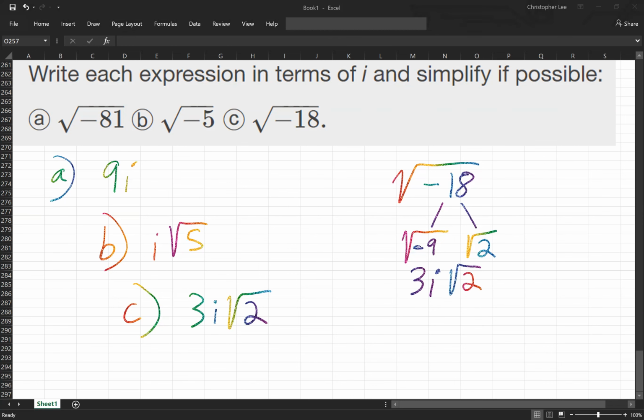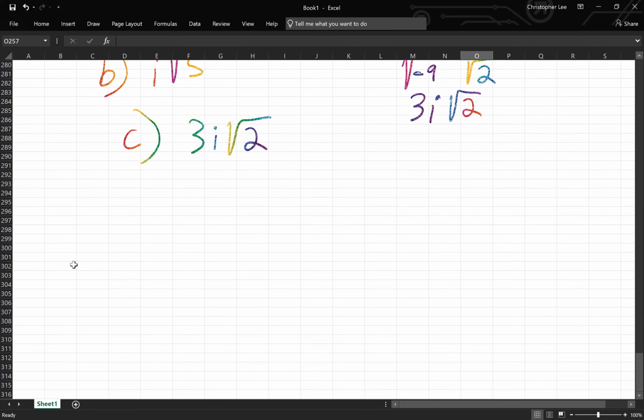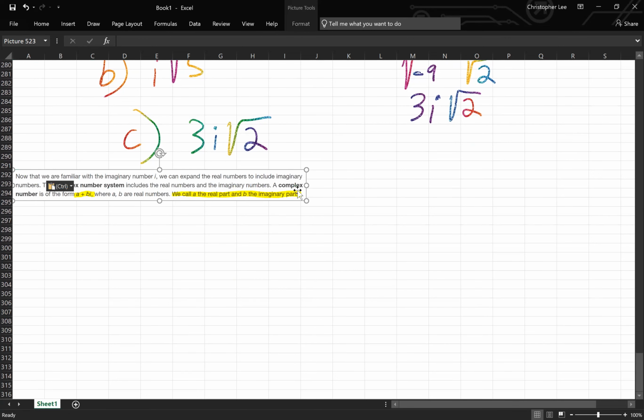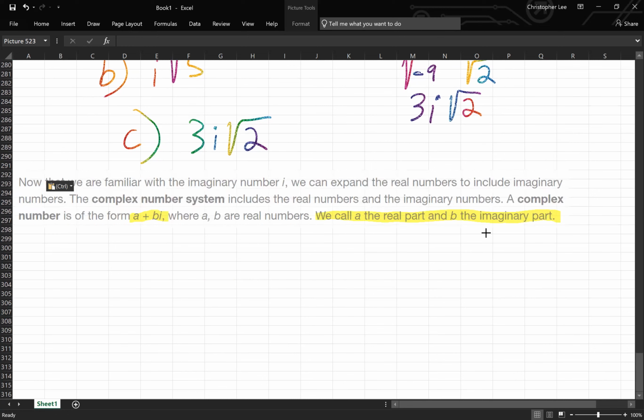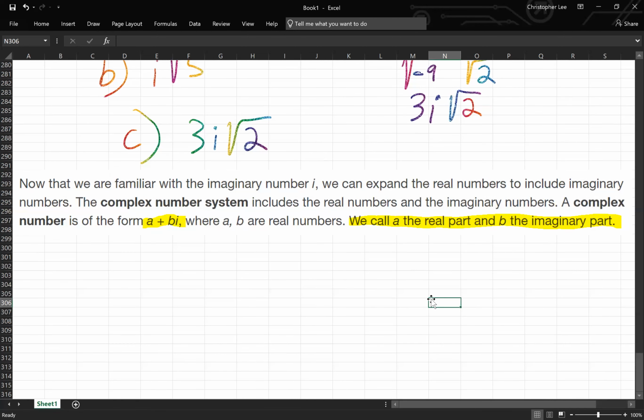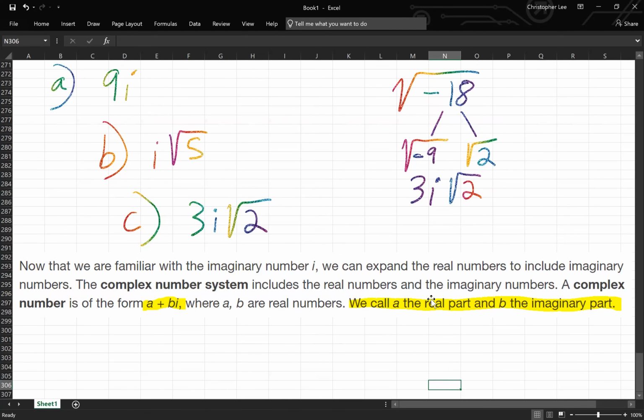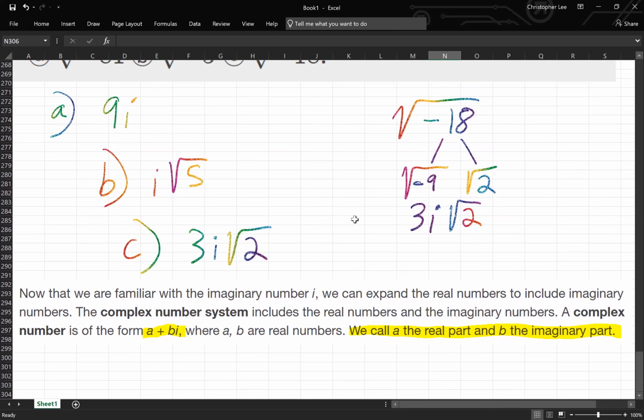All right, so let's talk about how we're supposed to write these numbers. Now that we're familiar with the imaginary number i, we can expand the real numbers to include imaginary numbers. So the complex number system includes the real numbers and the imaginary numbers.